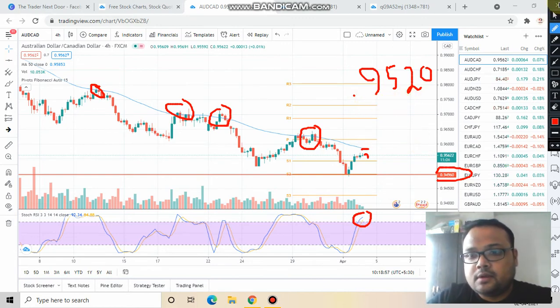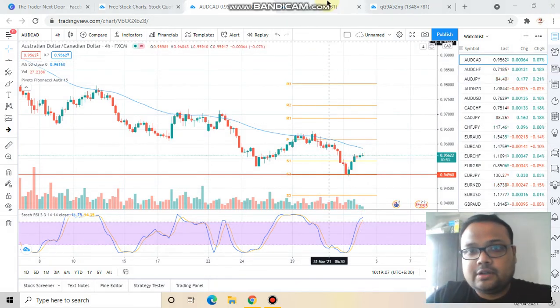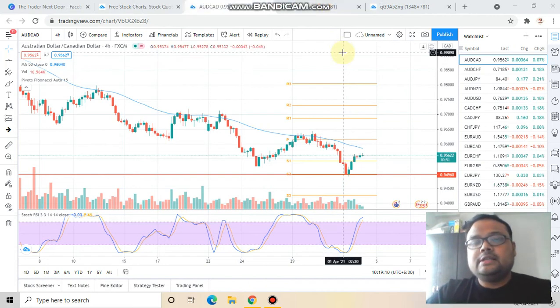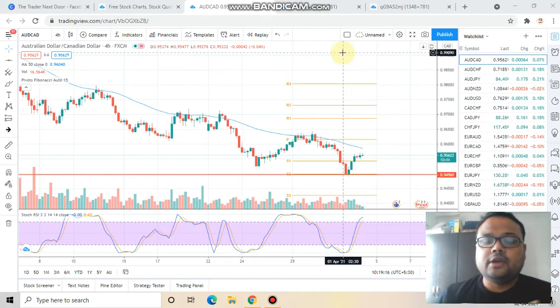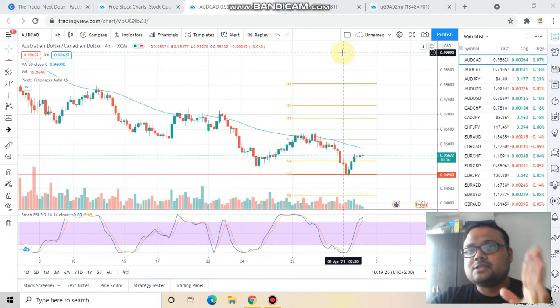So if you short the market at around 9560 or 9555, just observe the price when the market reaches the 0.9520 level. In case the market has crossed 0.9520 and there is heavy selling pressure, you can go ahead with your trade. But do remember, there is a support also available in the weekly chart. Therefore, be careful once the market reaches the 0.9520 level.